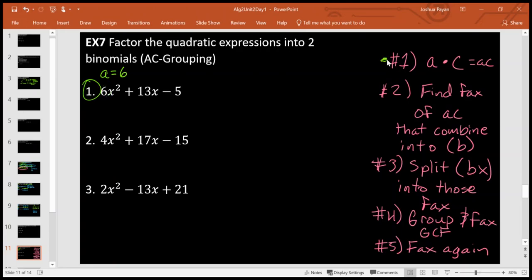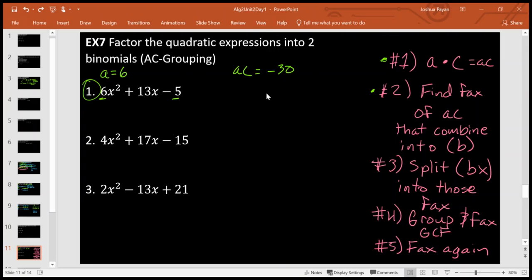So we're going to follow step one, and we're going to do A times C. So A times C gives me negative 30, right? So AC is negative 30. Okay, then step two tells us find the factors of AC that combine to give us B. So what are the factors of negative 30 that would combine to give me positive 13?